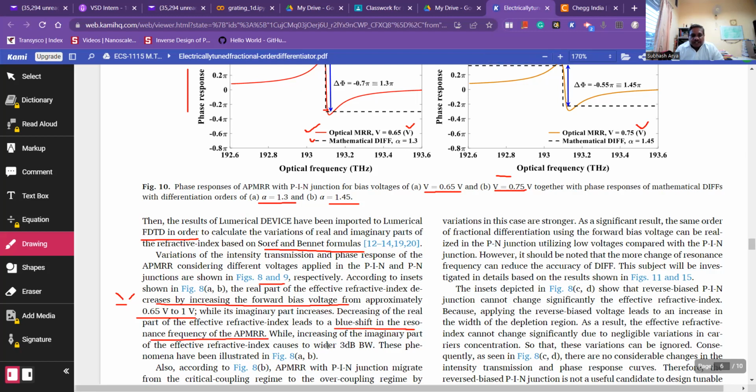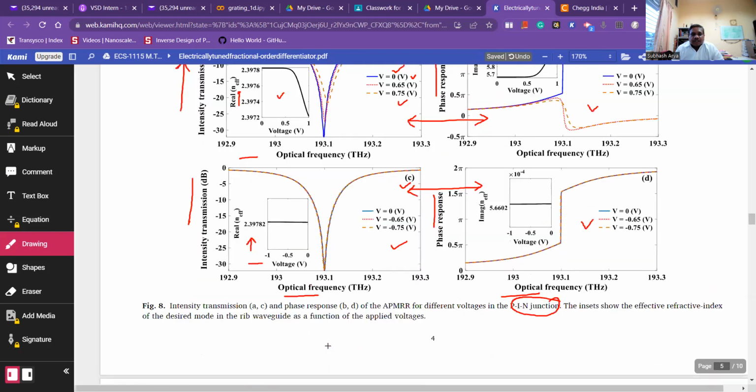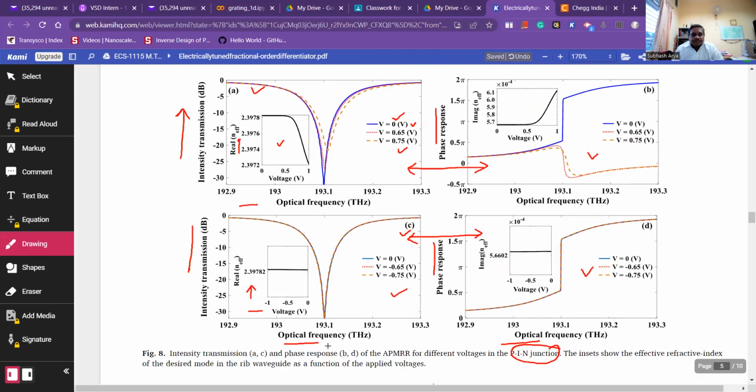Blue shift is here, we can see in 8A and B. This means there is an increase in the frequency. You can see the voltage is increasing, so the resonance frequency is shifting towards the right. So frequency is increasing, which means wavelength is decreasing.